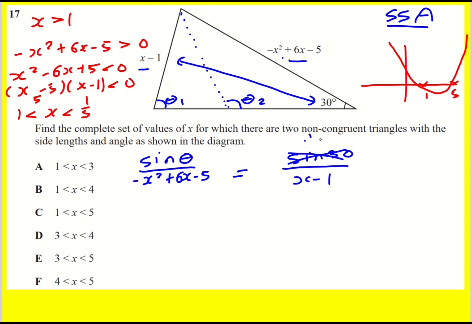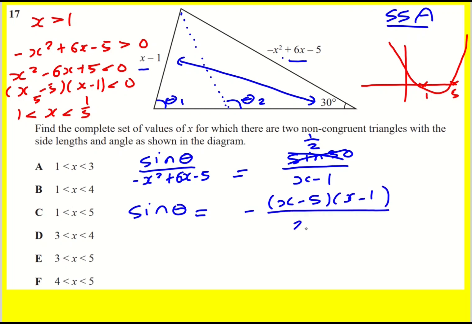And sine 30 is a half. So then I'm going to get that sine theta is equal to minus x squared minus 6x plus 5. But remember, I factorized it above. It's actually going to be this over 2 times x minus 1.